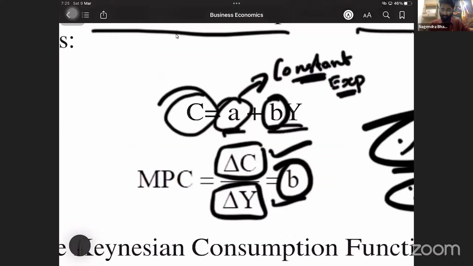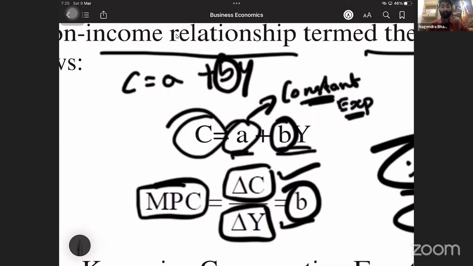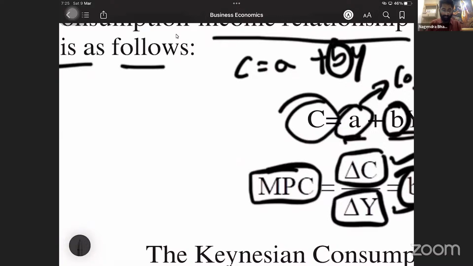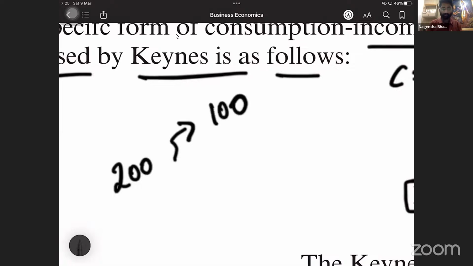Okay, here we were discussing C is equal to A plus BY. Now, what is this B, sir? Marginal propensity to consume, MPC. If I get 200 rupees, I will spend 100 rupees and the other 100 rupees I will save.